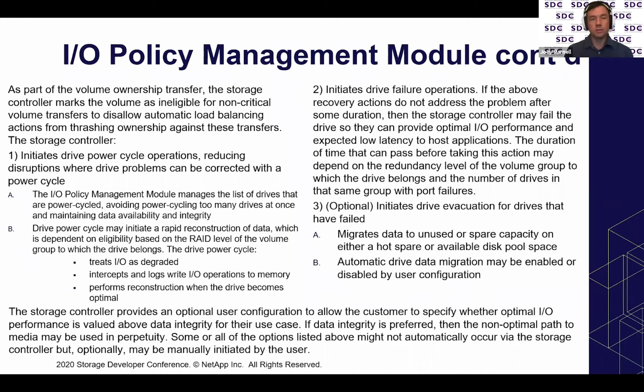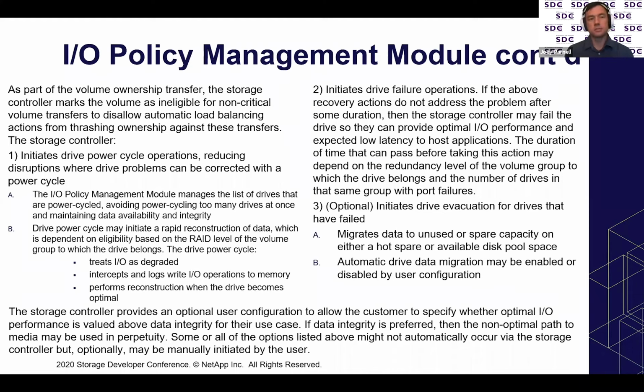So when any drive port fails, we want to immediately disallow any other features from transferring volumes that are optional. For example, automatic load balancing will redistribute volume ownership proactively. We don't want to do that, because an event has occurred that takes precedence over those background operations. So that's the first thing we do.